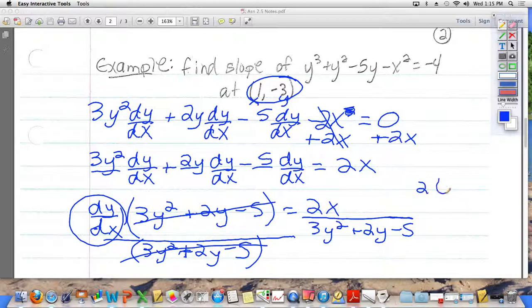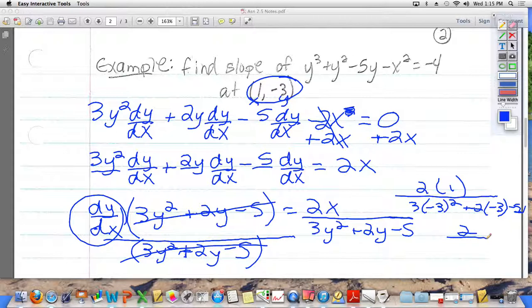We have 2 times 1 over 3 times negative 3 squared plus 2 times negative 3 minus 5. So the top is a 2.